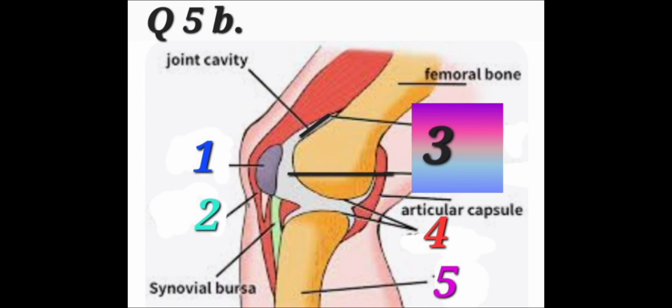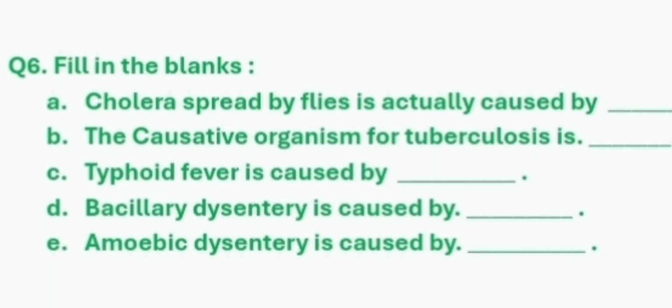Whereas subpart B, you are already provided with a diagram. Some of the labelings are also shown, but 5 parts are marked for which you have to make the labelings. You do not need to draw the diagram. You can just write 1, 2, 3, 4 and 5 against which you provide the labelings.